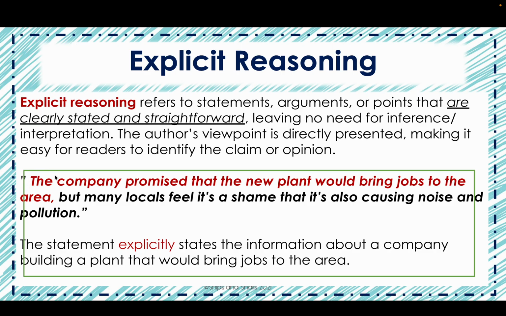If we look at this highlighted part of the sentence, this statement explicitly states the information that there is a company that will be building a plant that would bring jobs to the area. So explicit statements or explicit reasoning is somewhat informative.